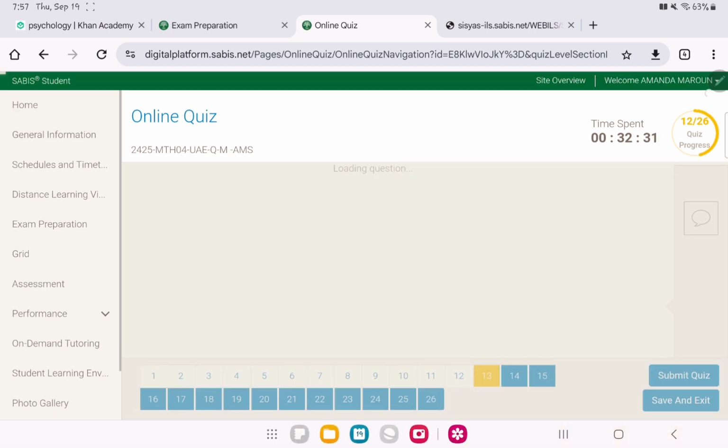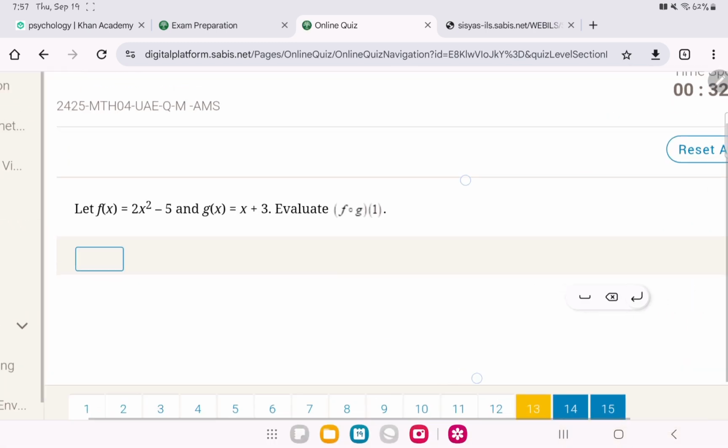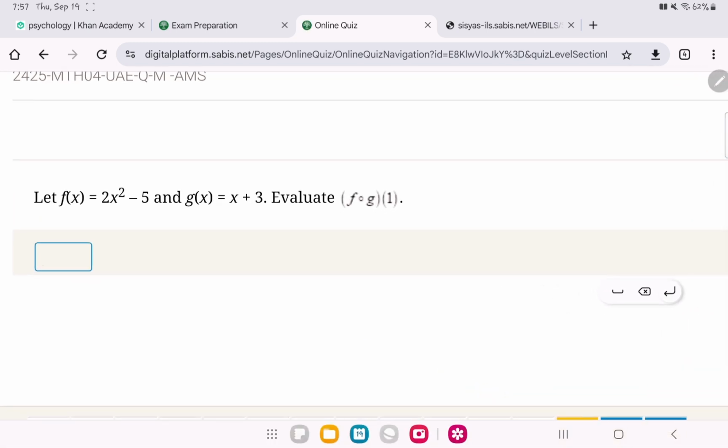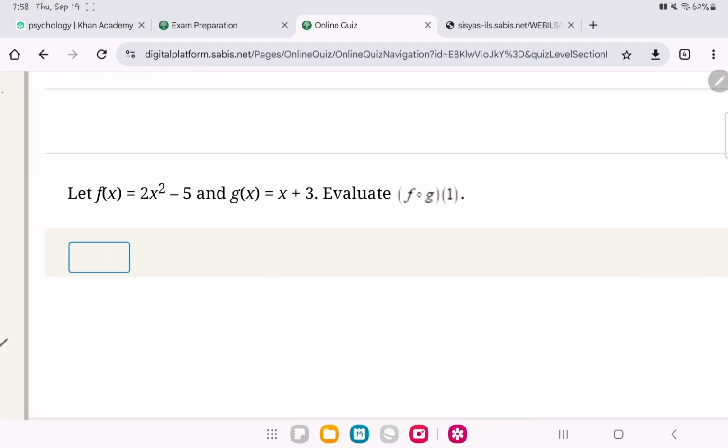Okay, that was for question 12. Now question number 13. Let fx equal 2x squared, and so on. Here, look what they did. They told us f round g of 1. We said that instead of the round symbol, we put brackets around the other two.